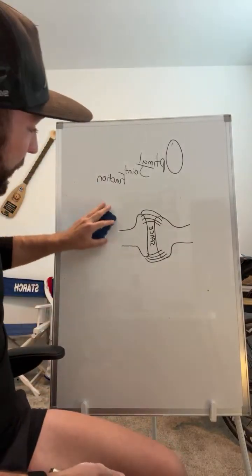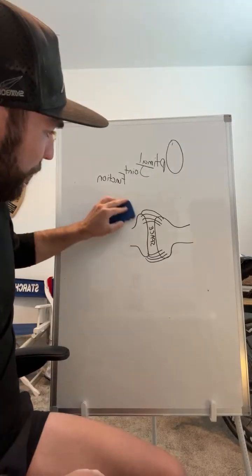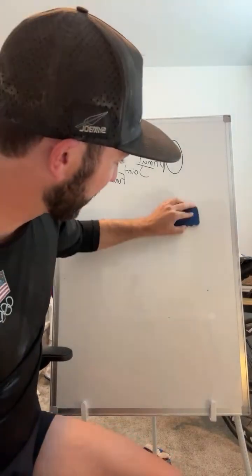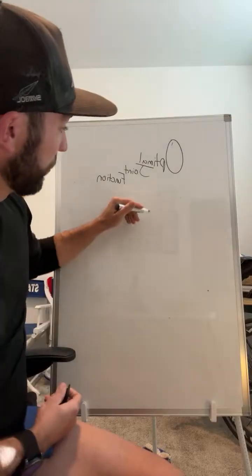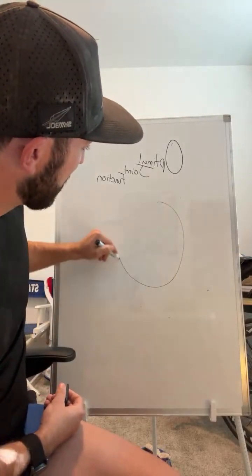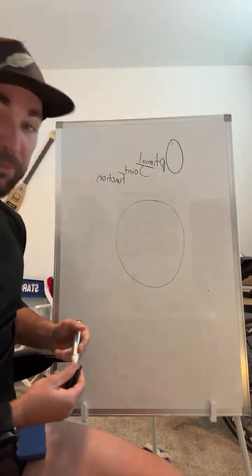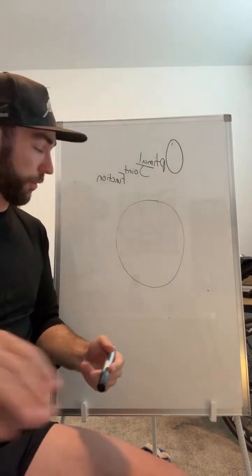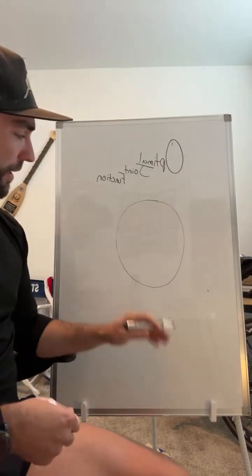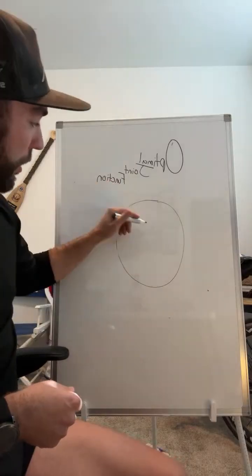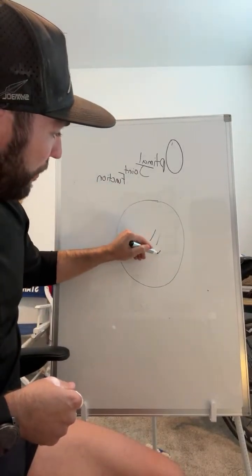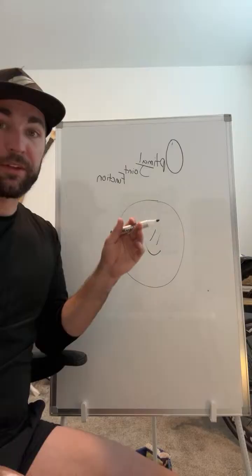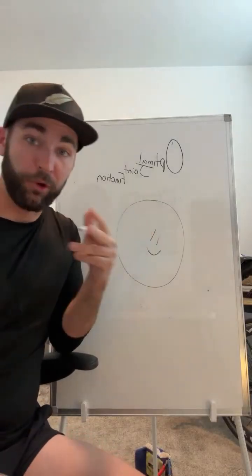So if we think about the capsule, not as it's anatomically presented, but if we kind of think about the capsule as this circle here, I want you to picture that this is a joint that has optimal function. You can think of this joint as your hip, right?